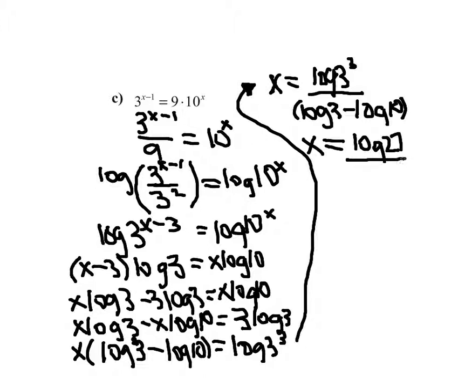And now, using the quotient rule, since this is subtract and they have the same base of 10, we can rewrite this as log 3 divided by 10. Okay. So now we can do the change of base rule, and we'll be doing it backwards almost to make it in the most simplified form.